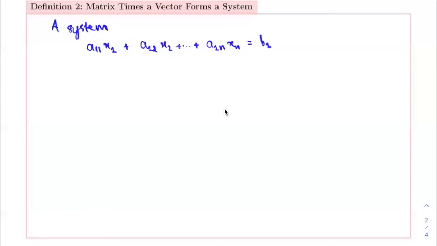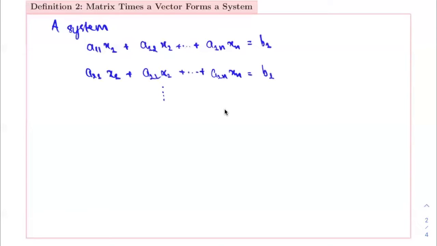In this case, the A's are the coefficients and the B's are just some constants, right? So the next equation should be A21 times x1 plus A22 times x2 plus A2n times xn equal to B2.